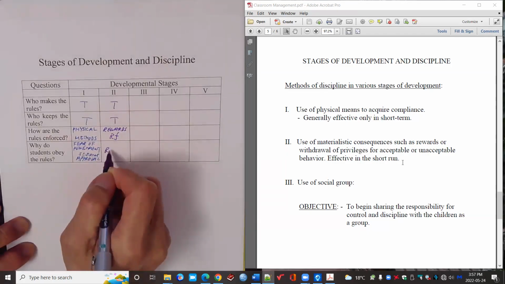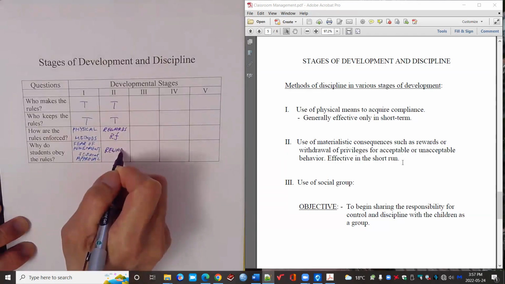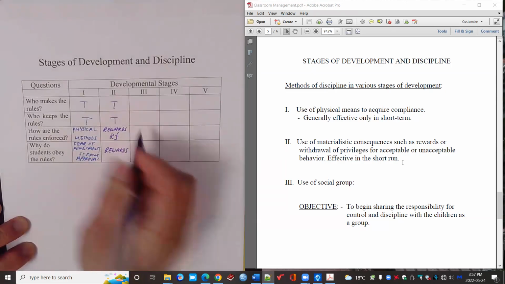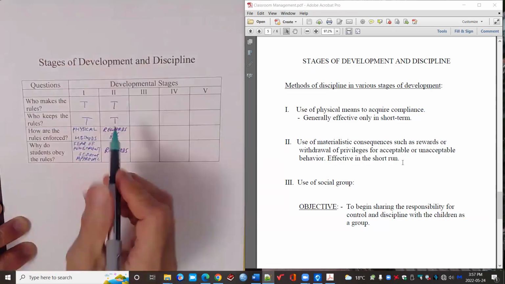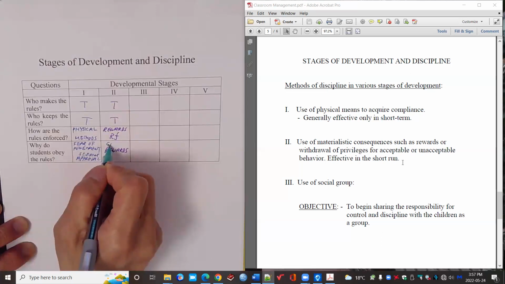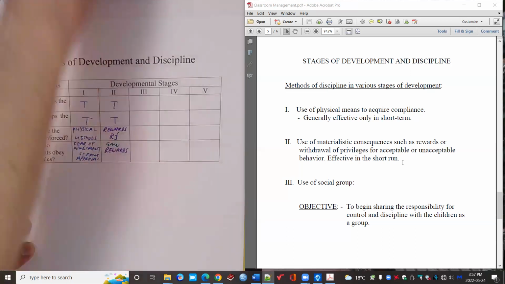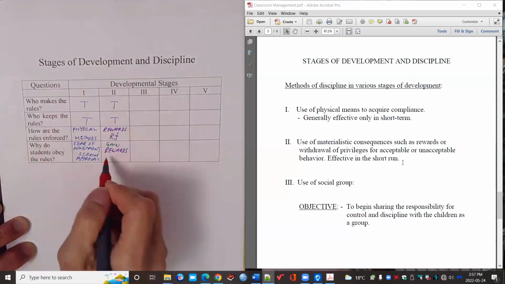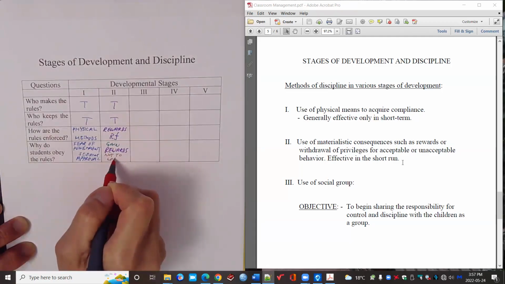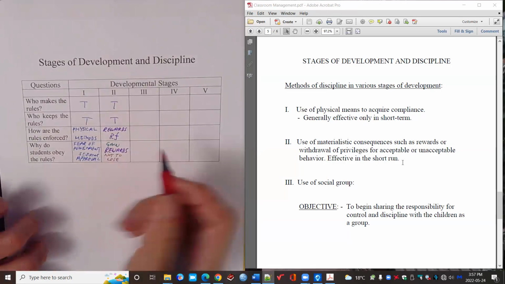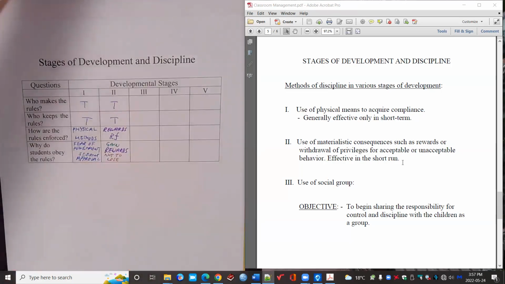So it's all about reward. To gain and not to lose.